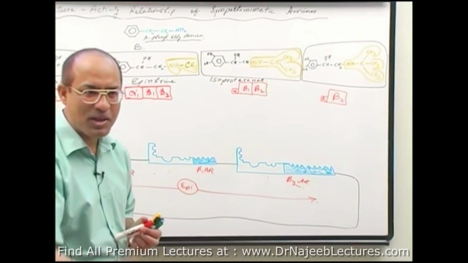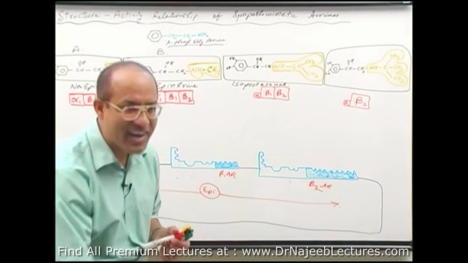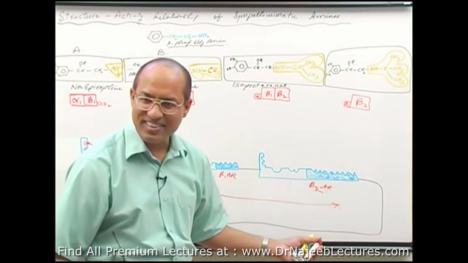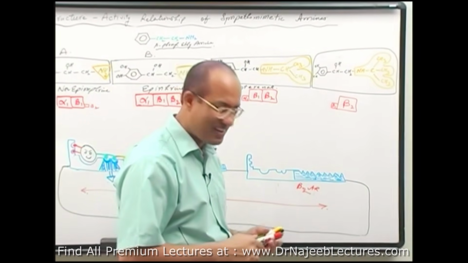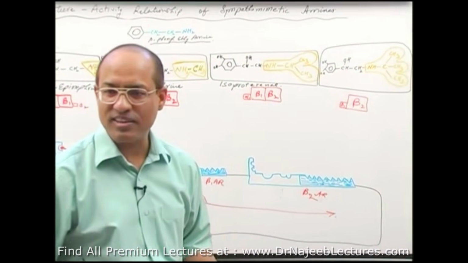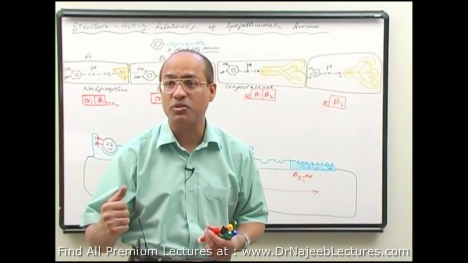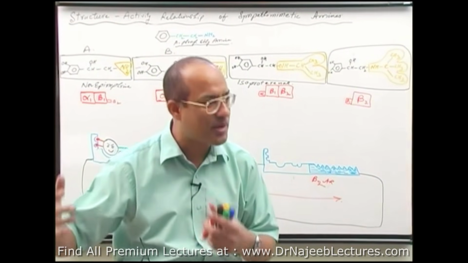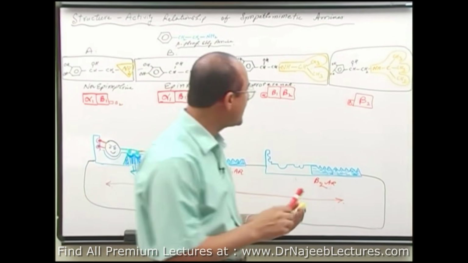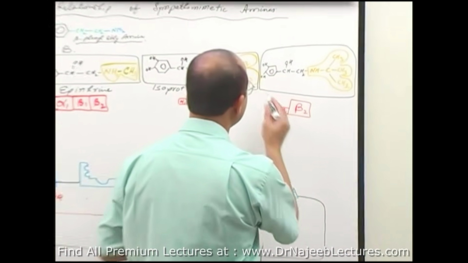Is that right? What is the name of the drug? You know it. Terbutaline. Very good. Salbutamol. All these, terbutaline, salbutamol, albuterol, all those drugs which are strong beta 2 stimulants have very heavy amino groups. Is that right? So I should write the drug name here.